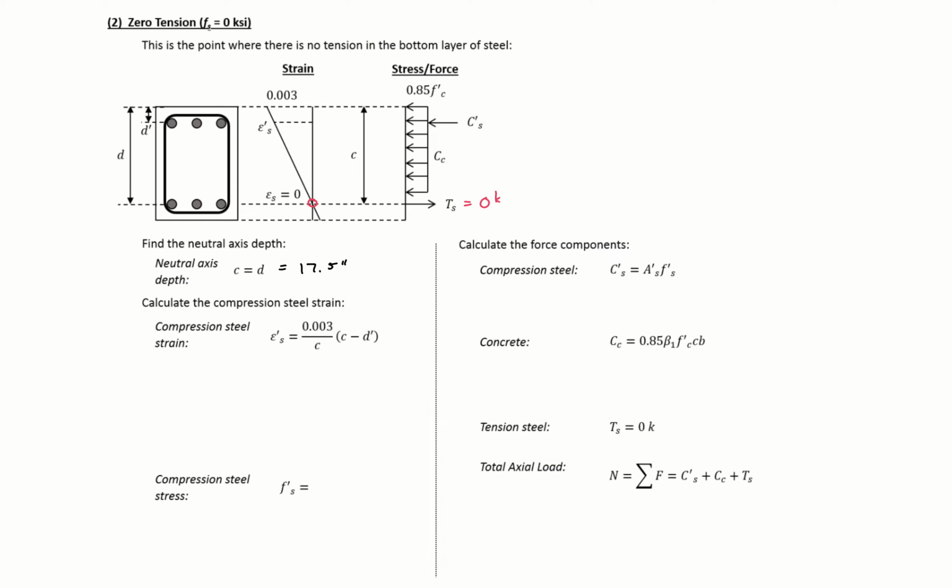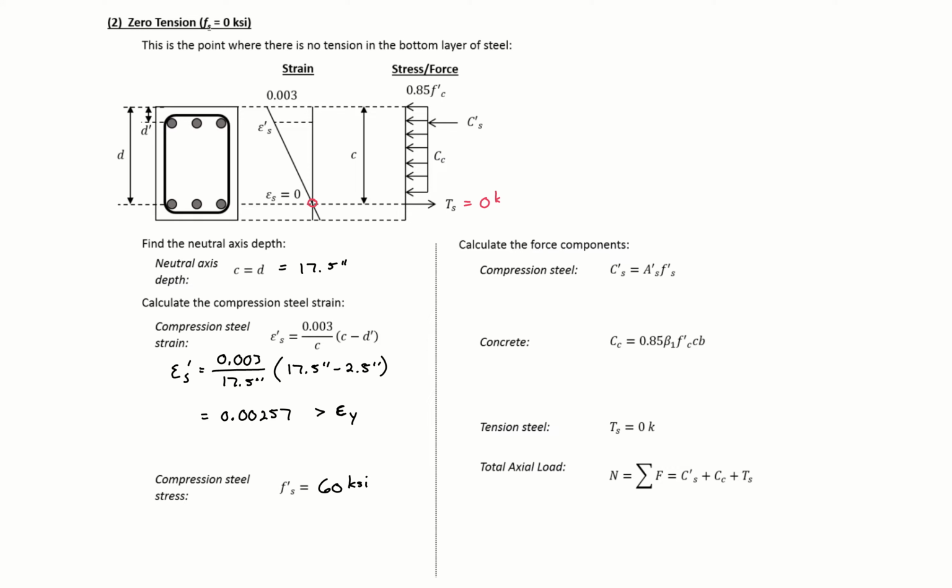Epsilon s prime is going to be equal to 0.003 divided by 17.5 inches times 17.5 minus 2.5, which will give us a strain here equal to 0.00257. So this is greater than our yield strain for our steel, so we know we're yielded. So our compression steel stress is going to be 60 ksi.